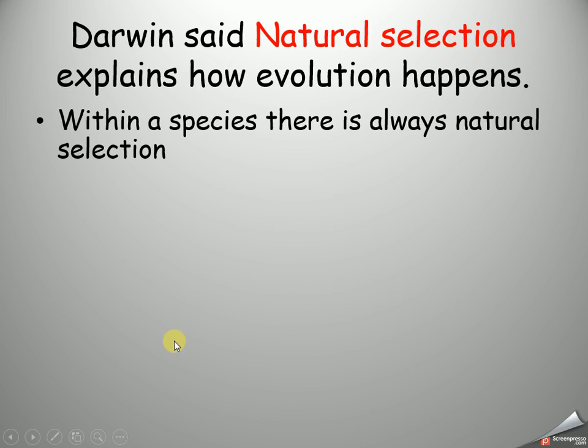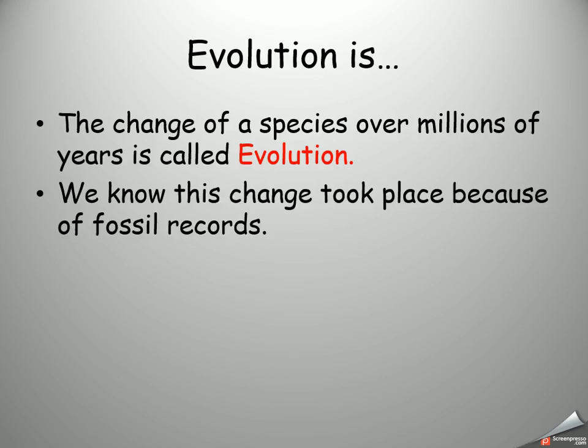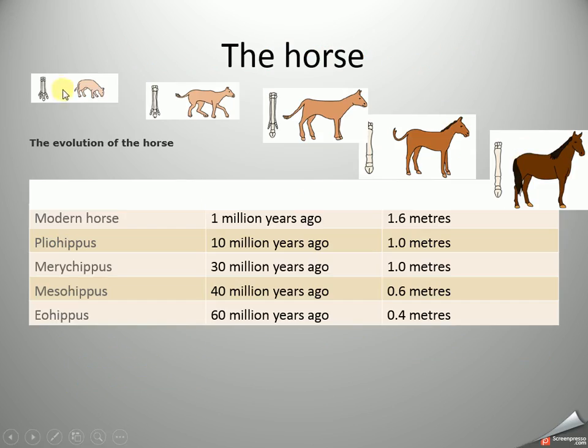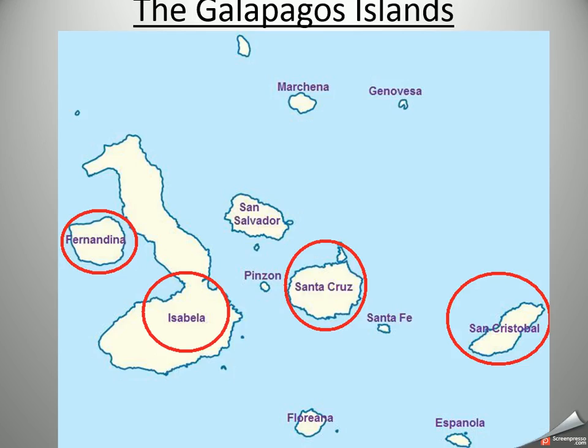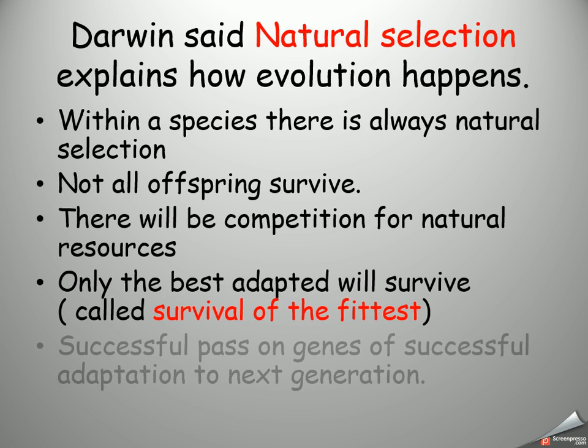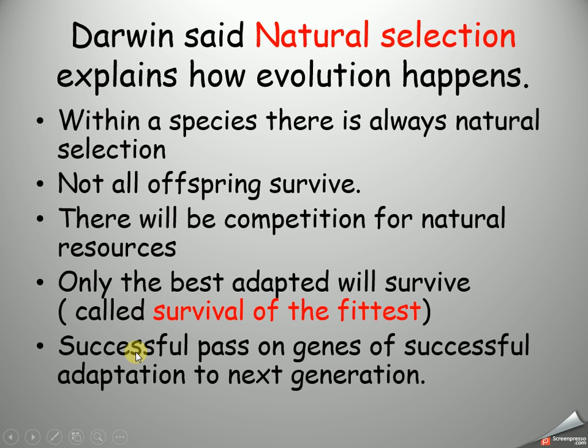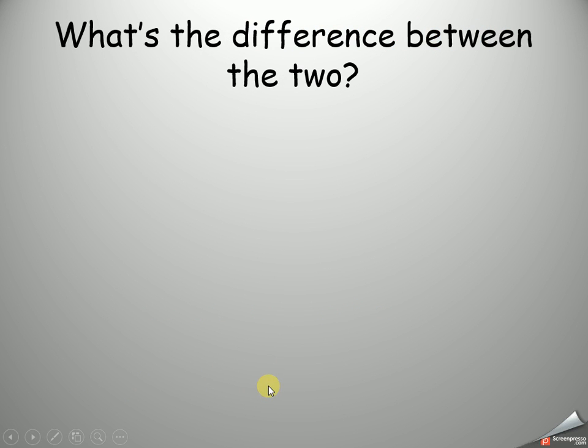So that slightly taller horse, if we go all the way back, is more likely to survive and have babies and pass on their genes to their offspring. Offspring means babies, so those genes are more likely to get to the next generation. Okay, let's get back to where we were. All right, success. So they were the ones that are more likely to pass their successful genes of that successful adaptation to the next generation.